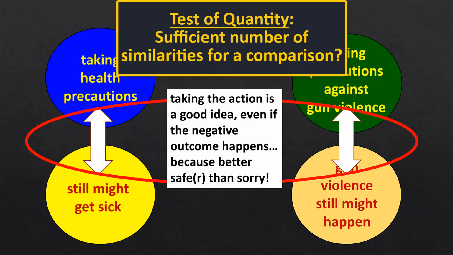So in both of these instances, we're talking about taking an action that has to do with personal safety and personal health, trying to protect ourselves from harm. In both instances, we're dealing with a negative outcome that we would prefer to avoid. So there's a number of ways in which the objects have a basic similarity to them, and the relationship seems like it makes sense in both instances.